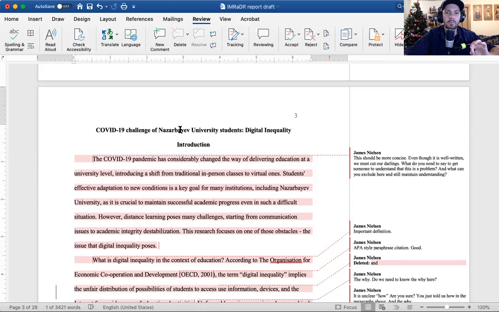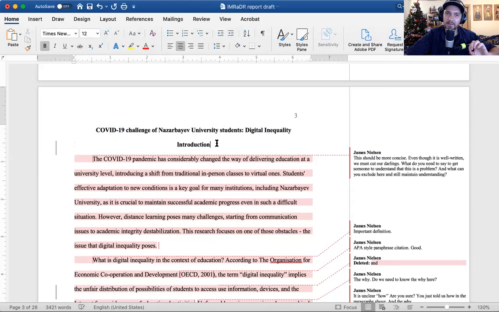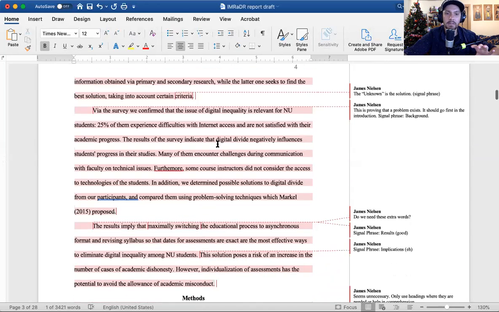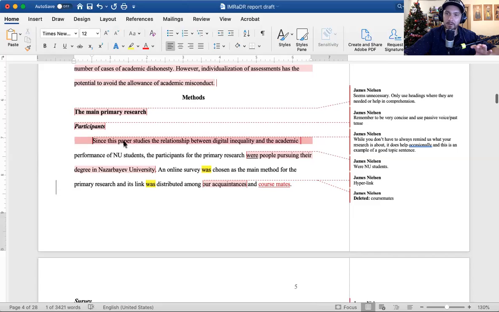I'll probably be okay if it's centered or left aligned, but technically, I believe, based off of my analysis of the sample APA paper, that the introduction, methods, results will be primary subheadings, okay, much like the title. These are primary subheadings, okay? And then you'll have the secondary over here and third and fourth, okay? So use those appropriately. So like, this is the first layer, this is the second done properly, this is the third done properly, the fourth will be in the actual text of the paragraph, okay?